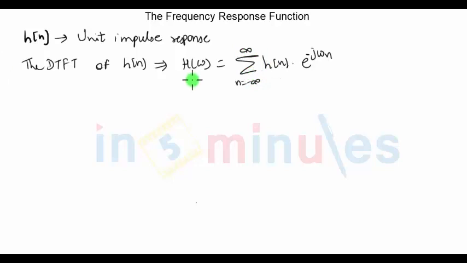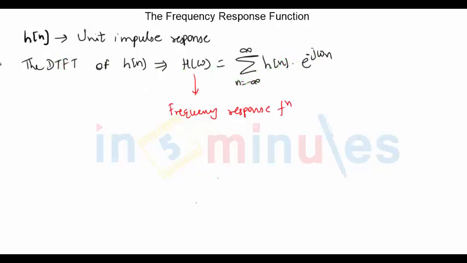And this H of omega is nothing but the frequency response function. So why is it called the frequency response function? That is simply because it is a function of frequency, and H of omega represents the frequency response of the given system. You can find H of omega from the corresponding unit impulse response by using the definition of the DTFT.